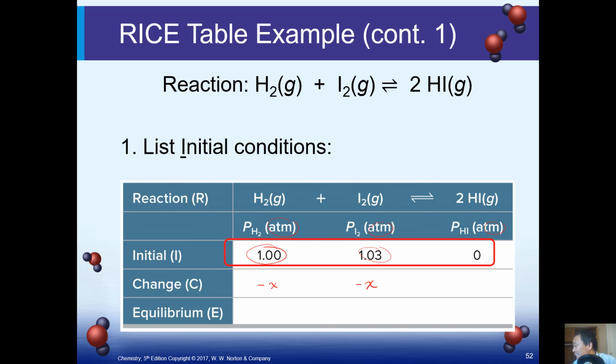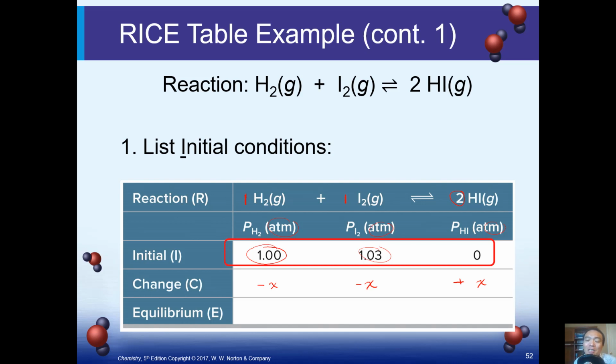But for this one, don't write negative, write plus x. Plus because you have products, it's going to increase in concentration or partial pressure. But do remember chemical coefficients. You have 1 before H2, 1 before I2. You have 2 before HI, which means for every H2 or I2 that is consumed, you can generate twice as much.